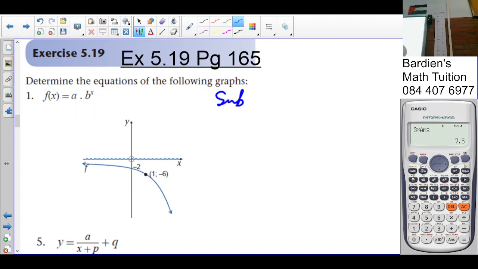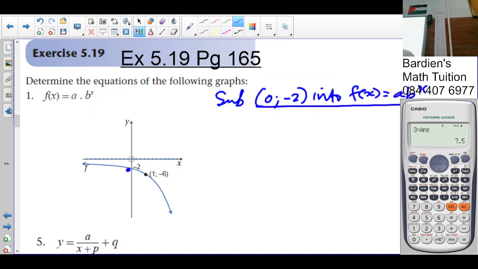Which point of the two am I going to start off with? (0, negative 2) into f of x equals a times b to the x, remembering this is the x and a y. So you got negative 2 is equal to a times b to the 0. Anything to the power 0 is 1. So a is equal to negative 2.